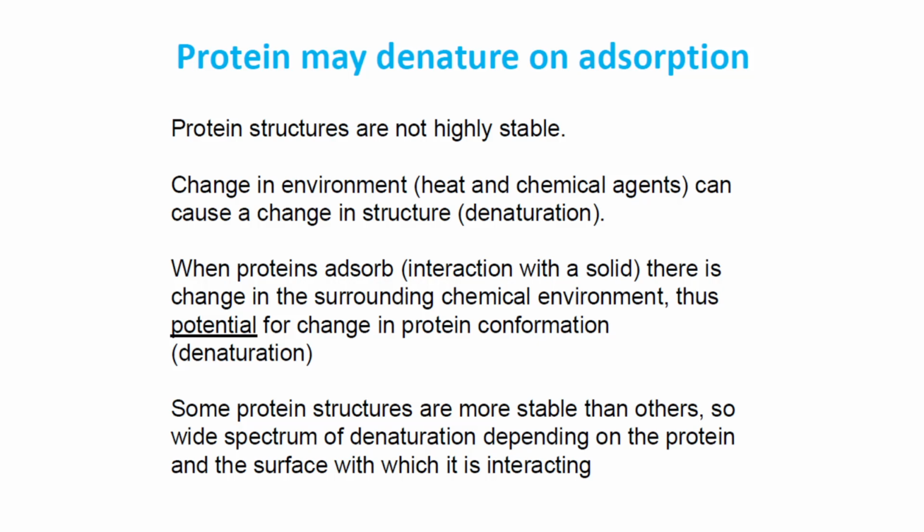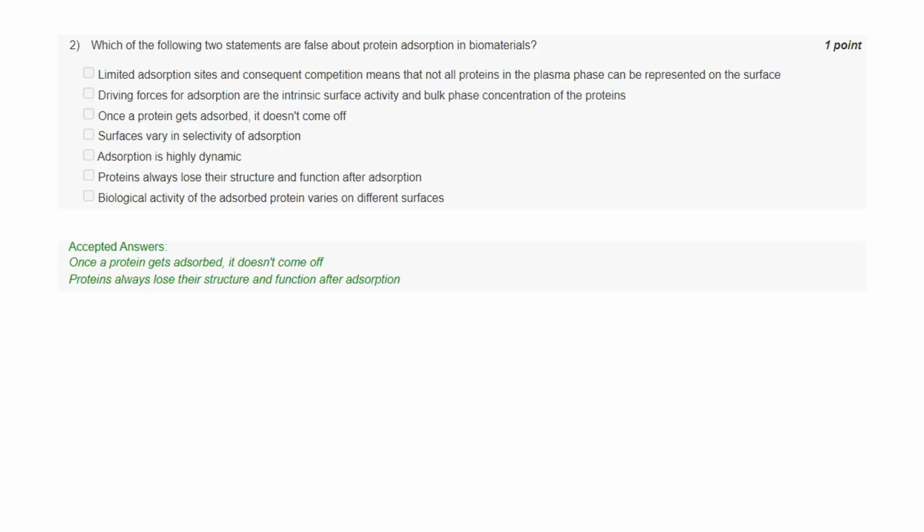It's not like all proteins will denature to the same extent. It will depend upon what material is there on the surface. So saying proteins always lose their structure and function after absorption is not the case. There are some proteins which are very stable in the body, and even if you introduce any material, they do not denature to this extent. That's why both of these options are false. Everything else listed in the options is correct information about protein absorption in biomaterials.